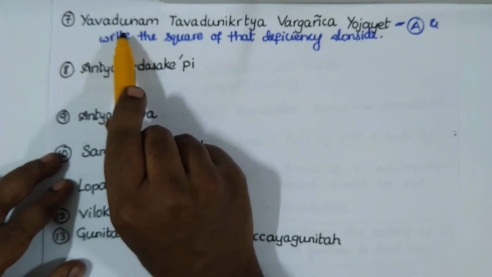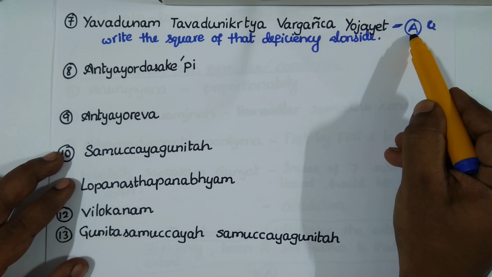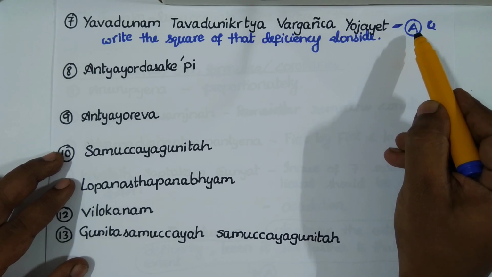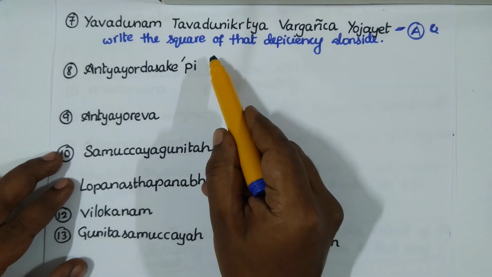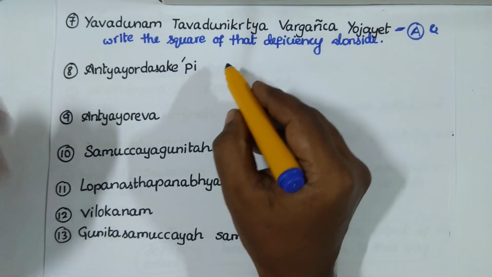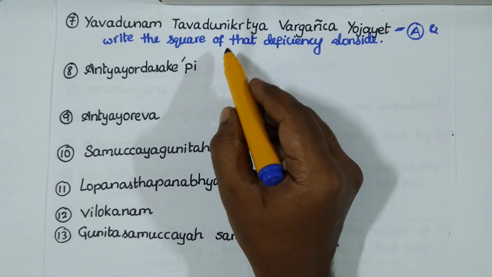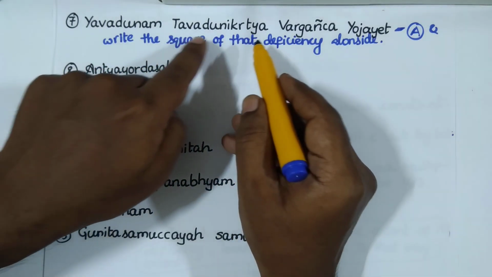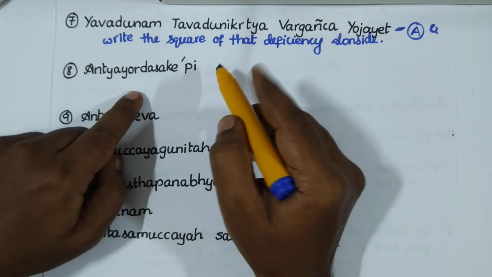So you have to read it like this: A means whatever the extent of its deficiency, lessen it still further to that very extent, and write the square of that deficiency alongside. This is again very, very important. Yavadunam Tavadunikritya Vargam cha Yojayet.